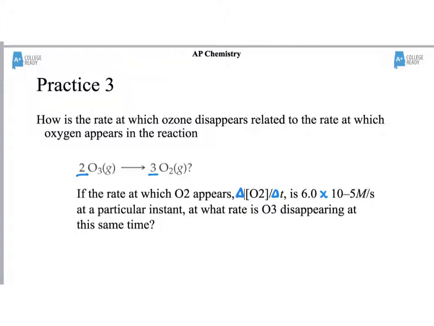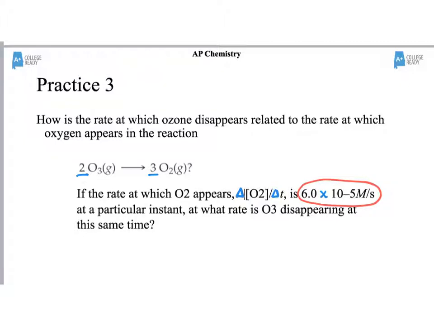If the rate of oxygen is known, so this is the rate of oxygen, 6 times 10 to the -5. They're giving us the rate of oxygen. What's the rate of ozone? All right, so what do we know? Oxygen's faster. How much faster?